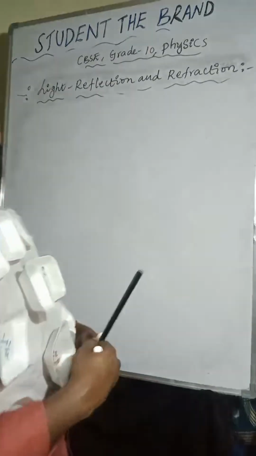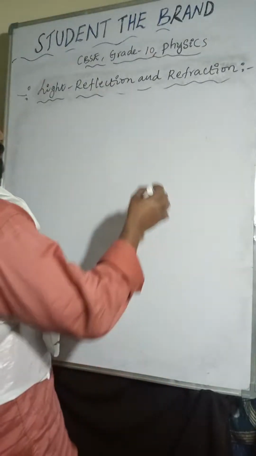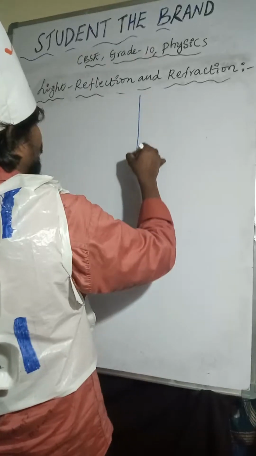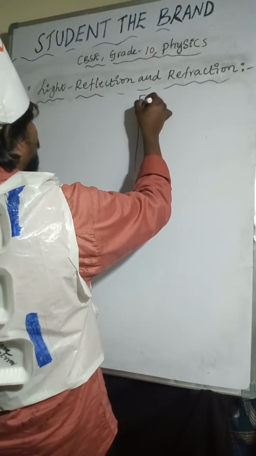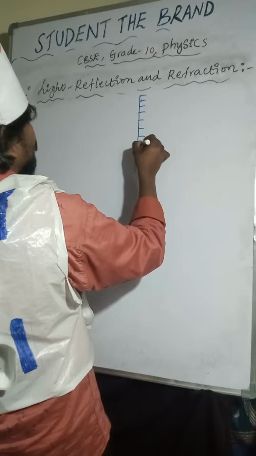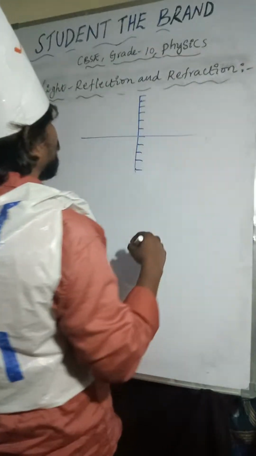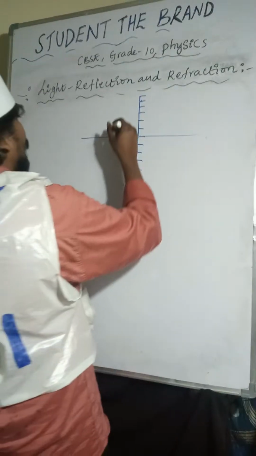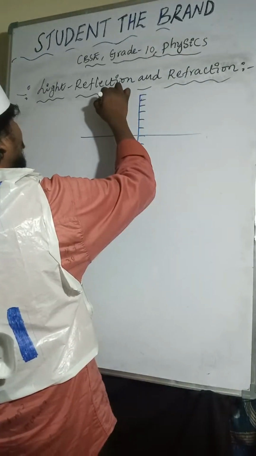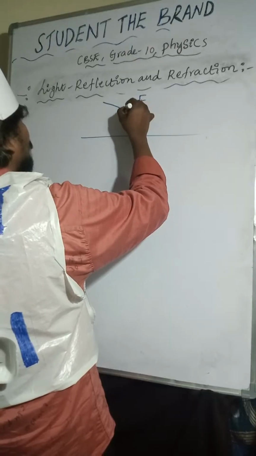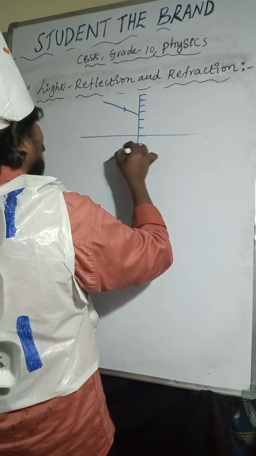Now we will discuss image and object. Here I am considering light rays coming from the source. These are light rays.